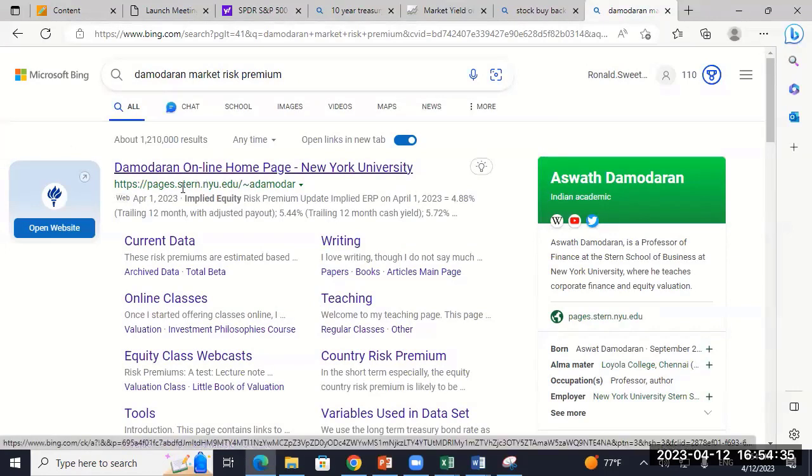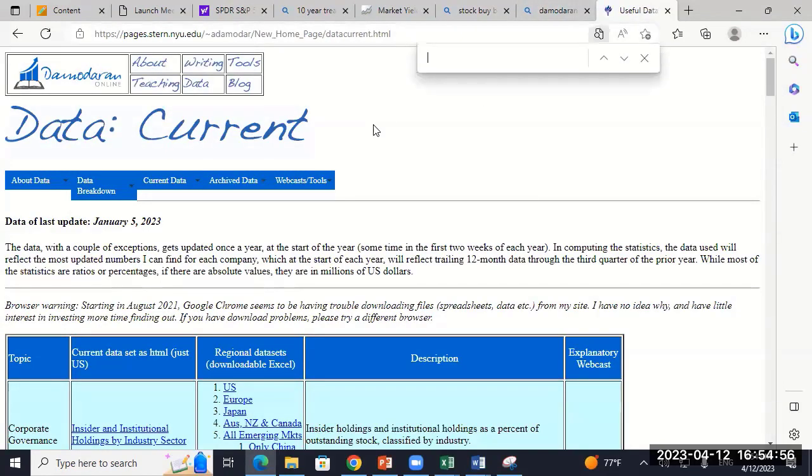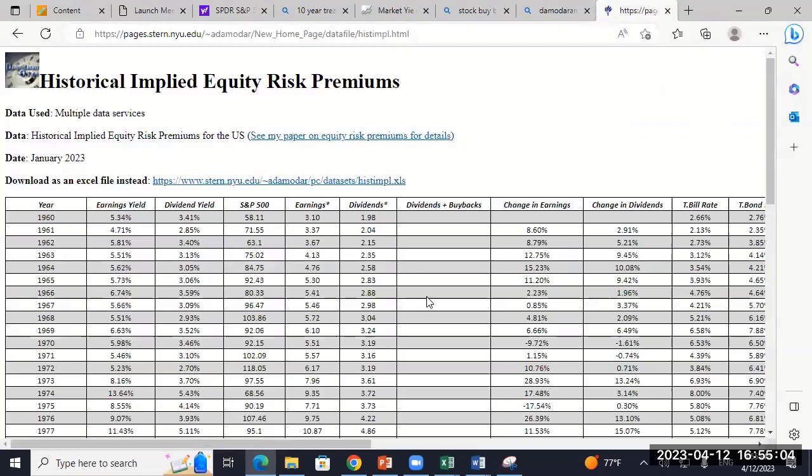He has all kinds of online free stuff that you can use, and he has entire Excel spreadsheets just on the market risk premium. And it takes forever. So you can just do a search on the word premium. Implied equity risk premiums, United States. That sounds pretty promising, doesn't it? So you click on that and there it is.